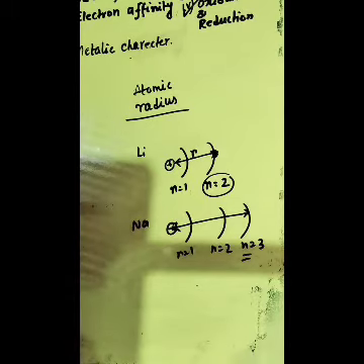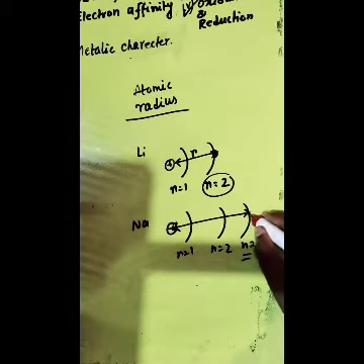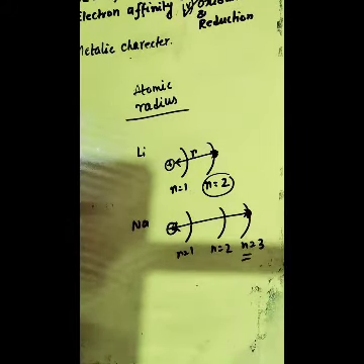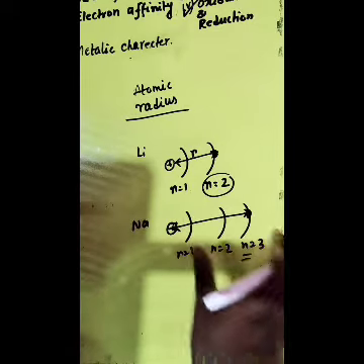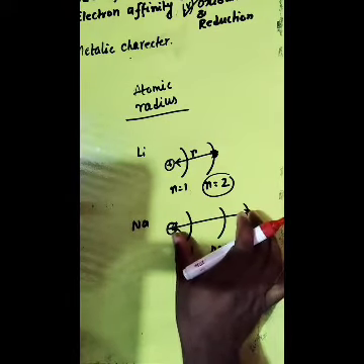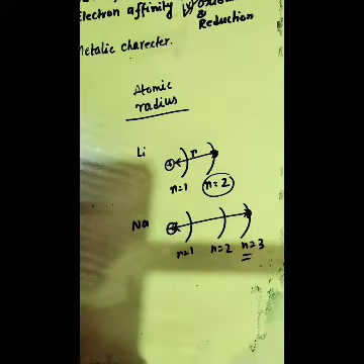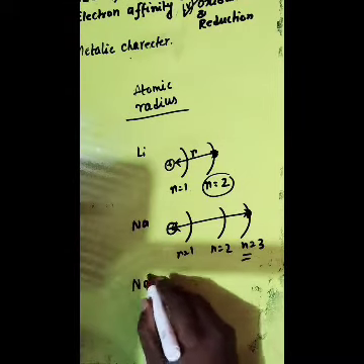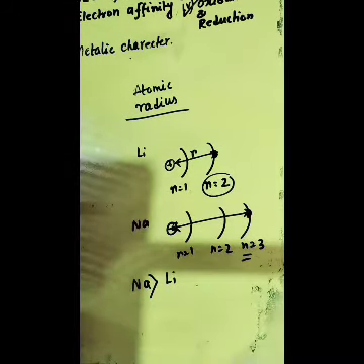Whereas for sodium, the valence electron is present in the third shell. That means in sodium the distance between the valence shell and the nucleus increases. Therefore, sodium has a larger size than lithium.